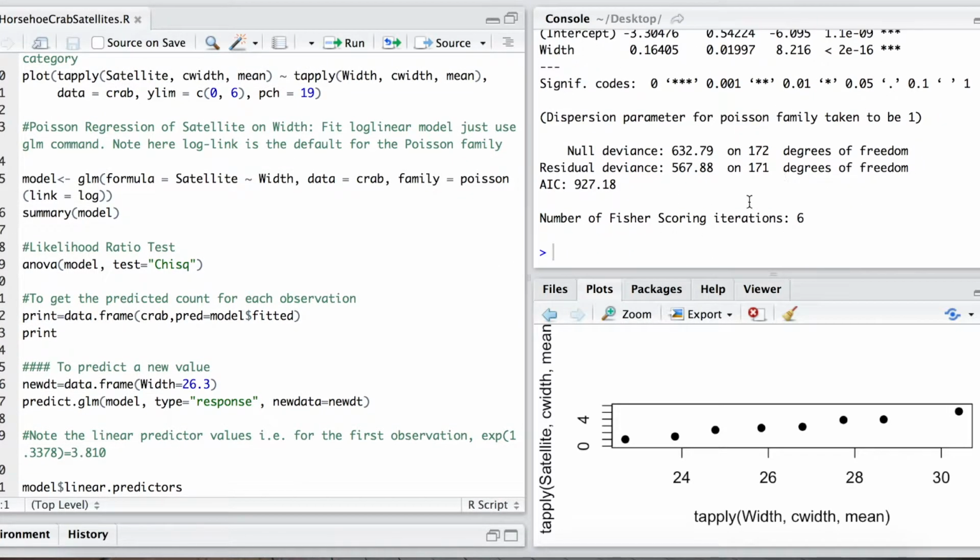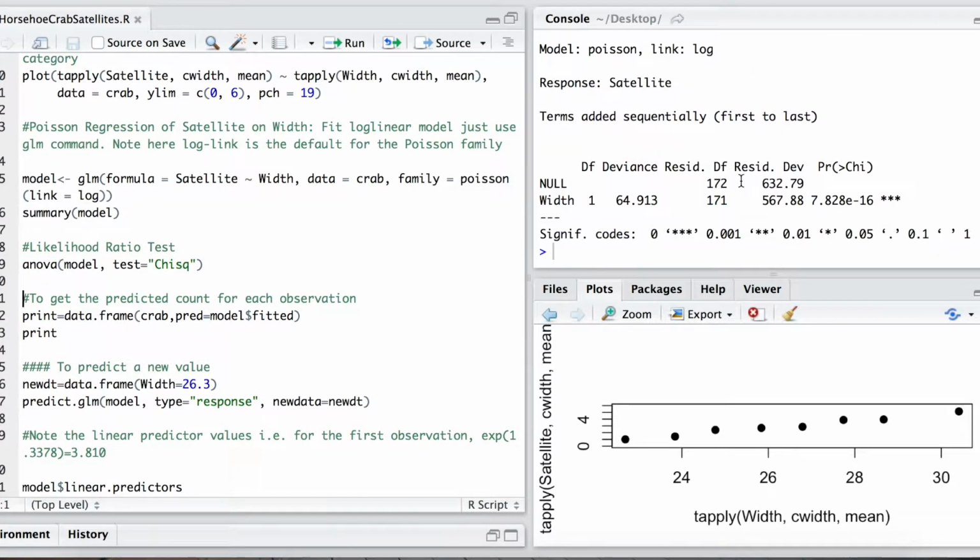According to the summary table, we can calculate the chi-square statistic by hand. It's just the difference between the deviances divided by the degrees of freedom. But a better way to get the likelihood ratio test chi-square is to use ANOVA. The ANOVA function will get the chi-square statistic with a very small p-value.